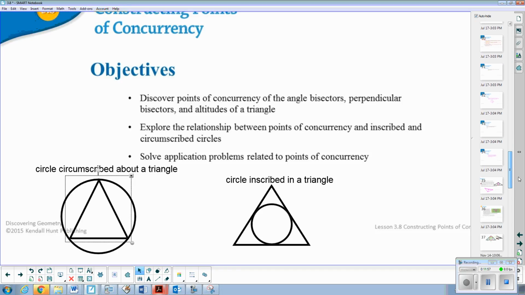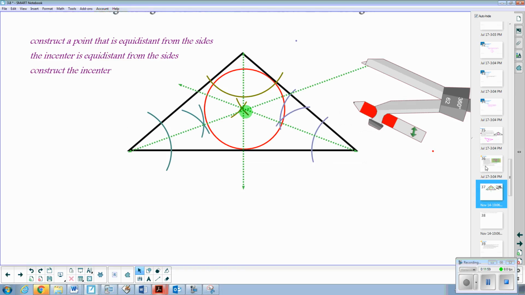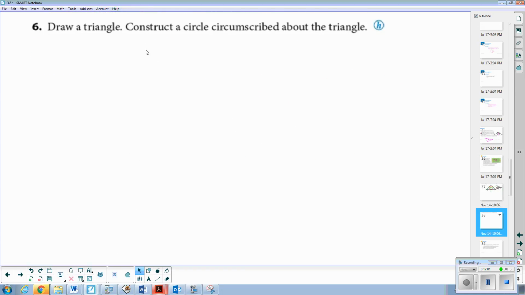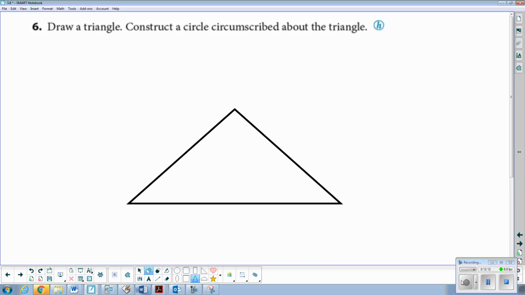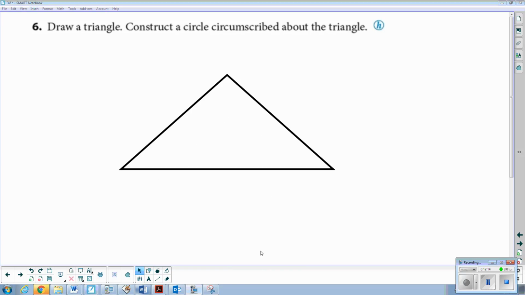So let's go back to our problem. And first we're going to draw a triangle, like it says. Okay, so here's our triangle. And we want to construct a point of concurrency that's equidistant from the vertices.